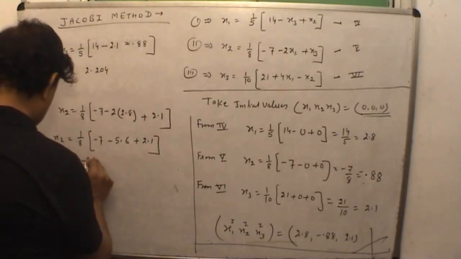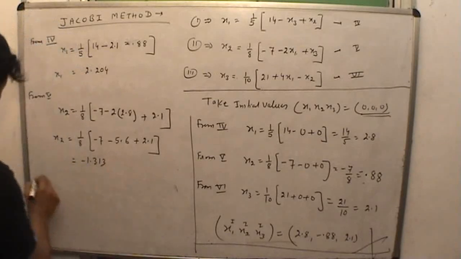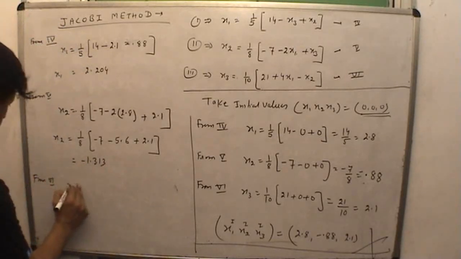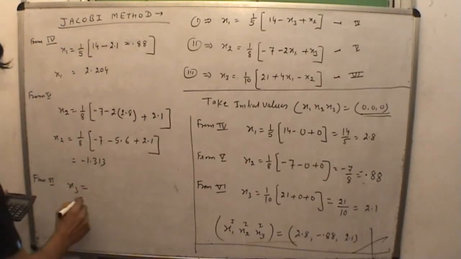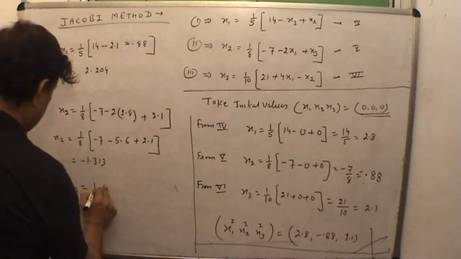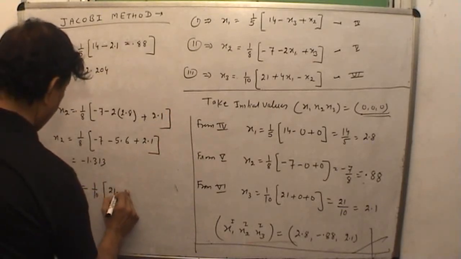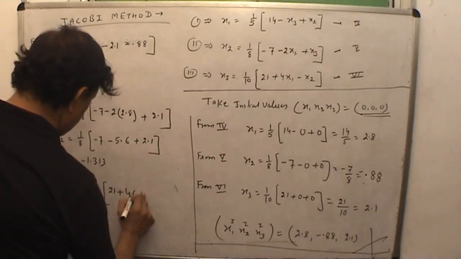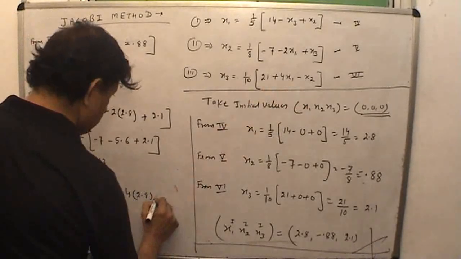That is equal to minus 1.313. From 6, x3 is equal to 1 by 10 into 21 plus 4 times x1. x1 is 2.8 minus x2.